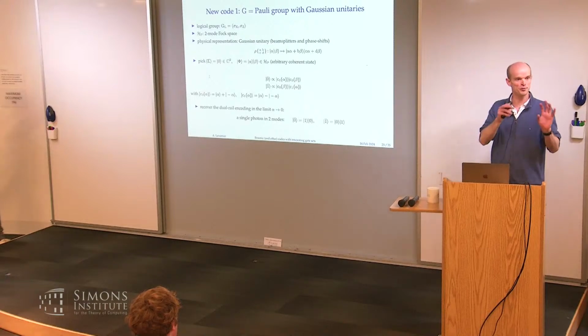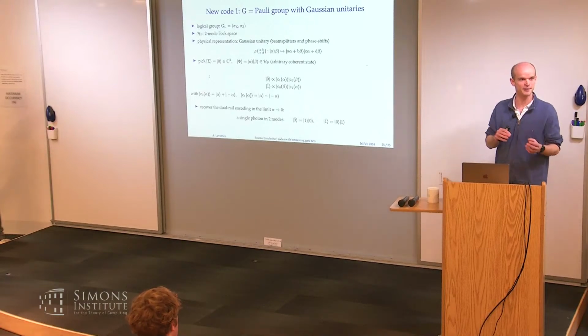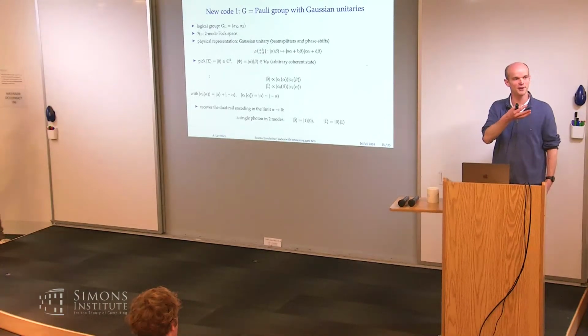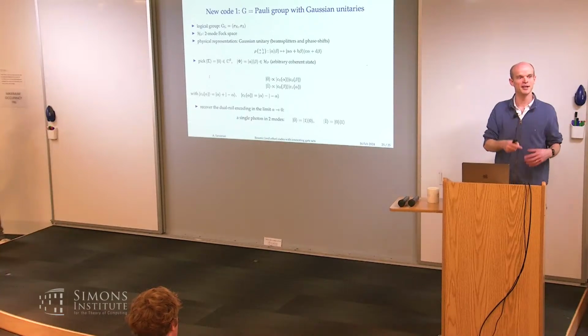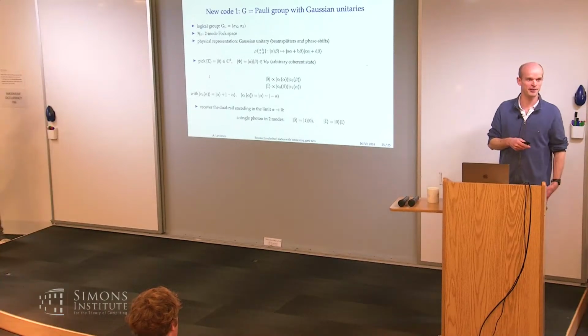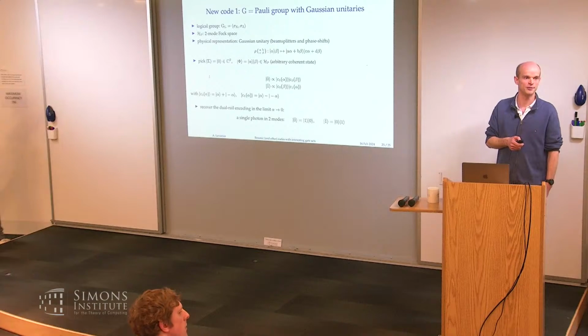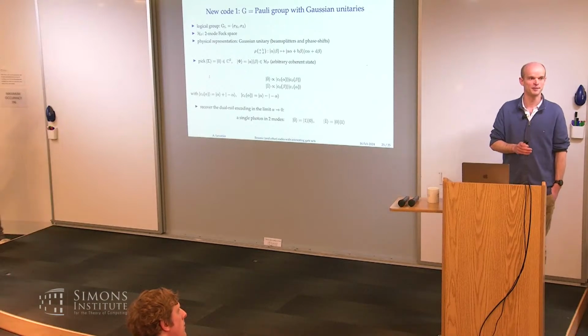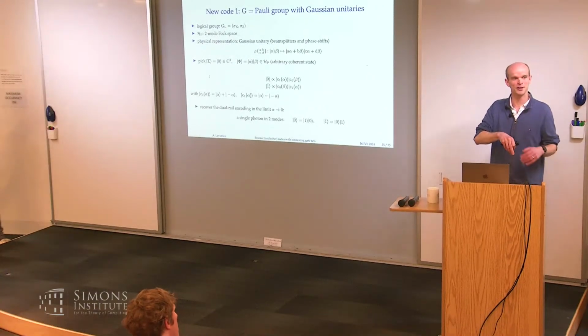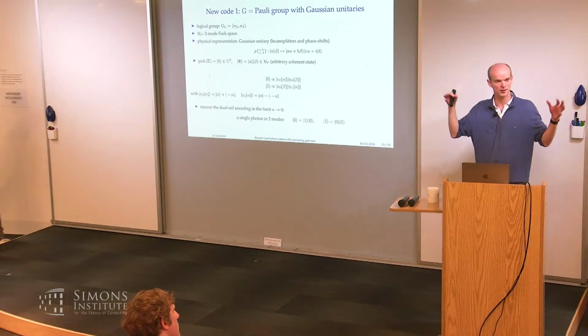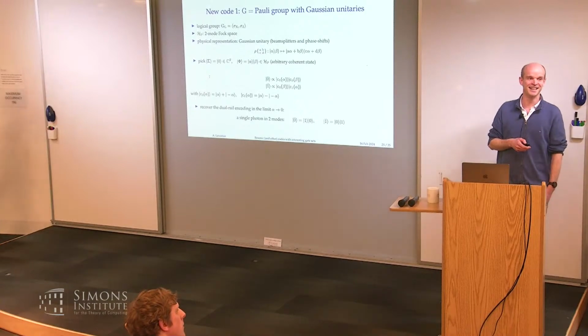But it turns out that if you just put the Pauli group, you get GKP already. So it's not clear whether you really need these bigger groups or whether smaller subgroups will already give you that. But that's the scary part: these group sizes explode very quickly, and I haven't tried.